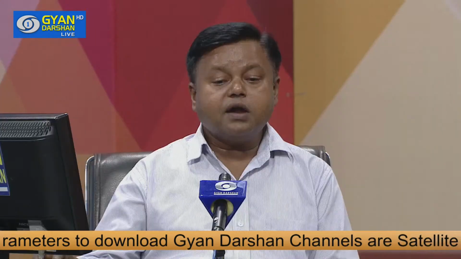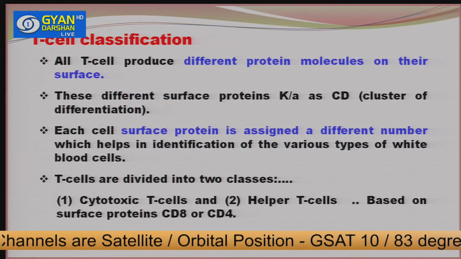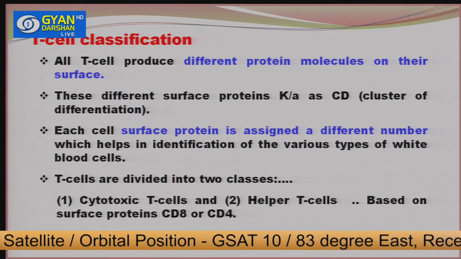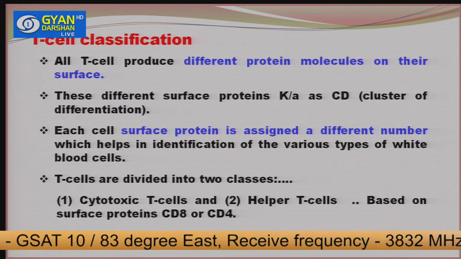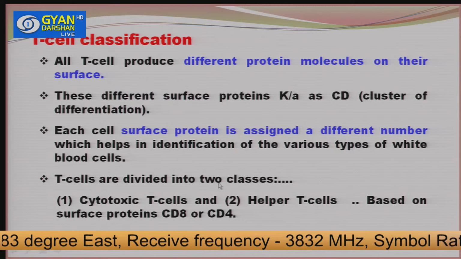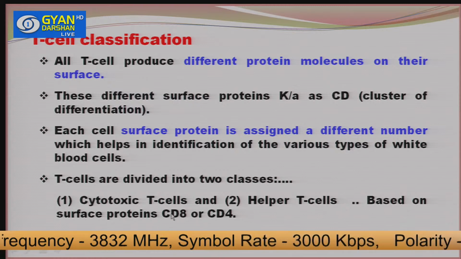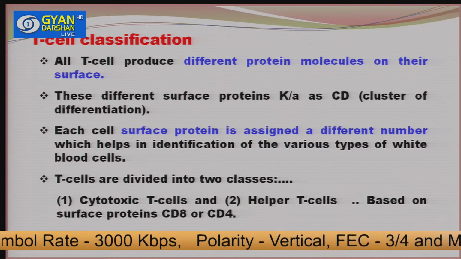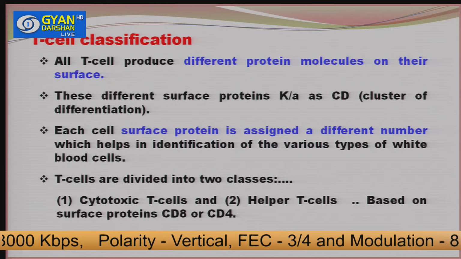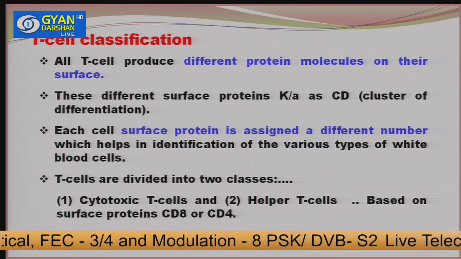And T cells are divided into two classes. The first one is the cytotoxic T cells, and the second is the helper T cells. Based on the surface protein, they are divided into CD8 positive and CD4 positive cells. You can say these are the cytotoxic T cells and helper T cells.